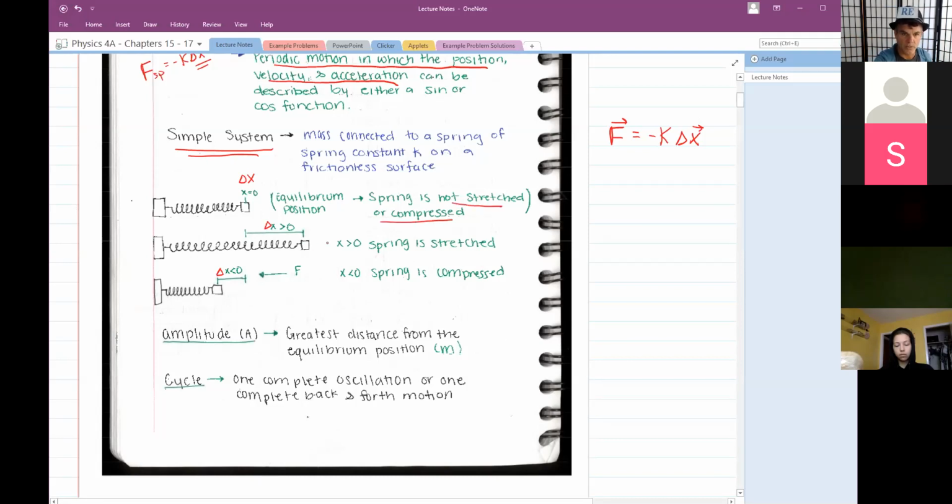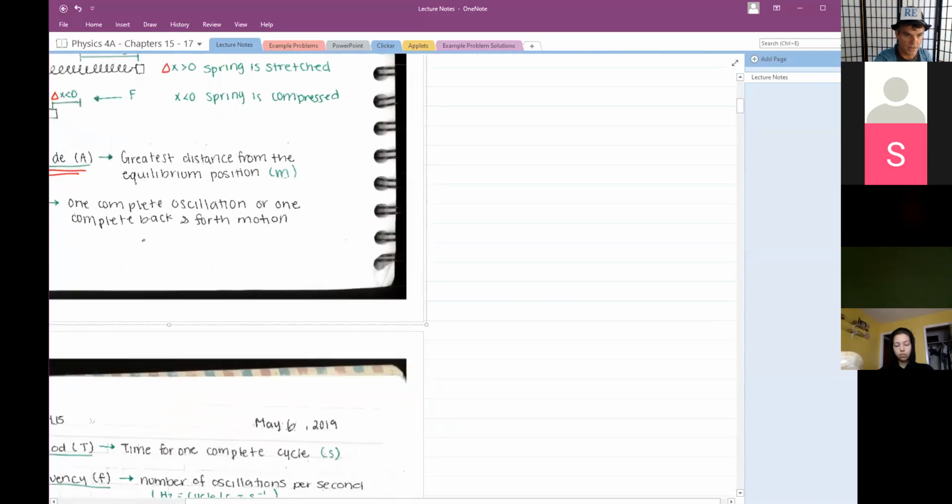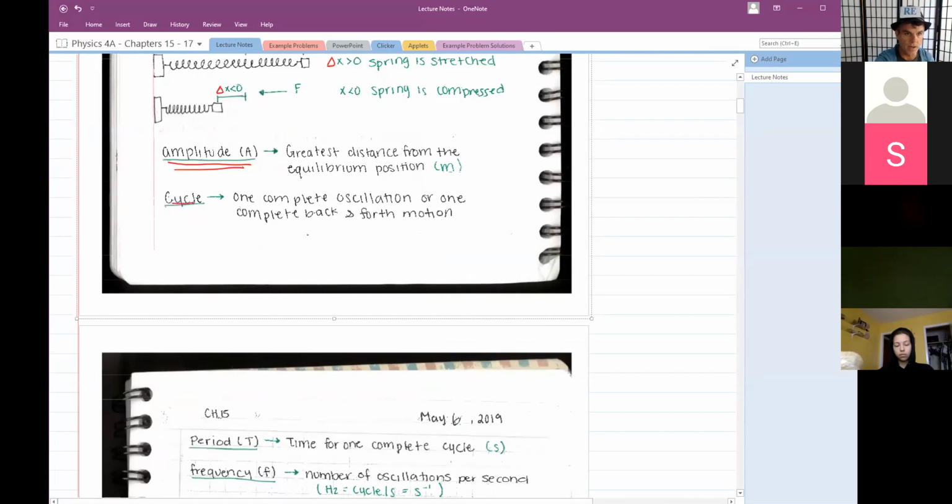When the spring is stretched, we generally consider the displacement delta x to be greater than 0. When the spring is compressed, we consider delta x to be less than 0. Just a couple of vocabulary terms. A is the amplitude, and it's the greatest distance from the equilibrium position. So if I pull a spring 10 centimeters and release it from rest, it's going to oscillate back and forth, constantly moving 10 centimeters away from the equilibrium position on either side. A cycle is considered one complete back and forth motion. So let's say here's my equilibrium position.